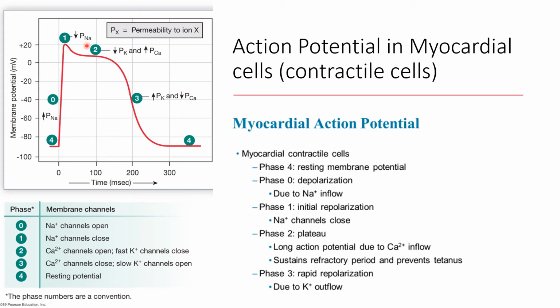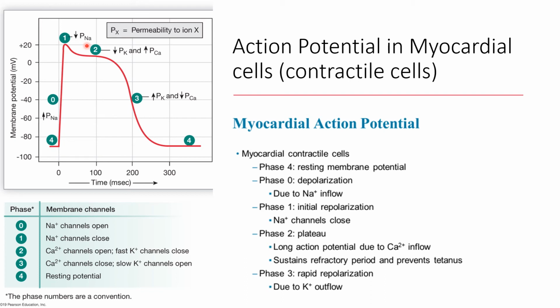And at the same time, we have voltage-gated calcium channels that open. And calcium starts to enter the cell at the same time as the potassium is leaving. So let's think about it. Calcium is positive charged, and potassium is also carrying a positive charge.